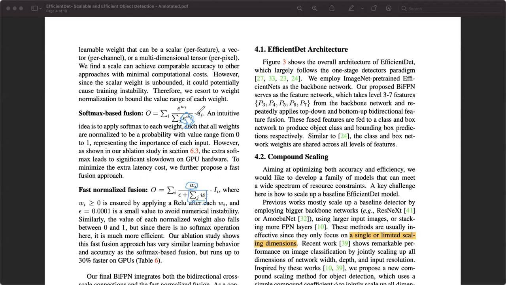In each part we do not need to compute the e, which is a little bit slow for GPU hardware. We simply add all the weights, do the normalization, and then add some small number epsilon. This is mainly to avoid numerical instability.